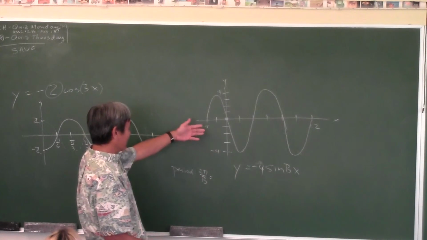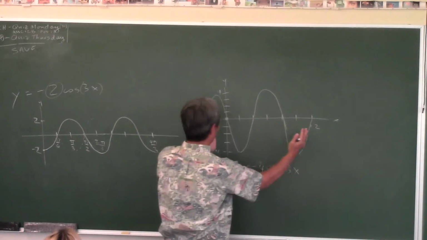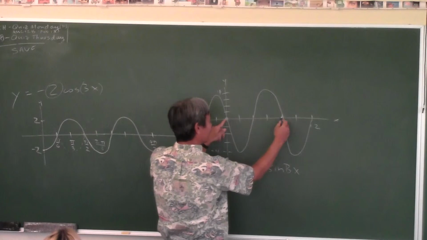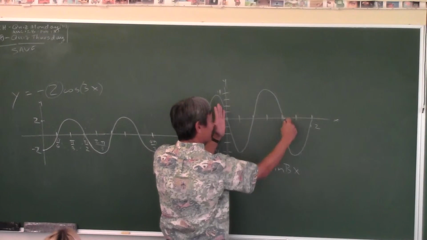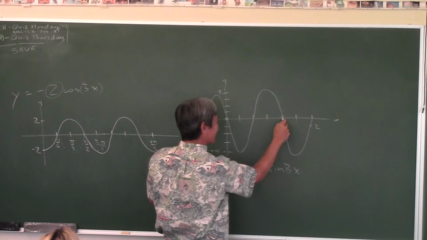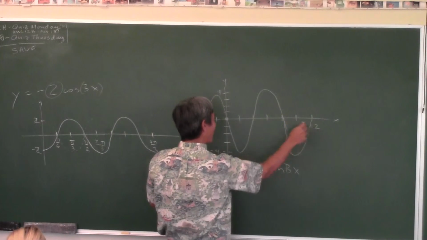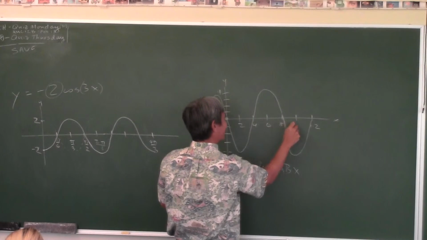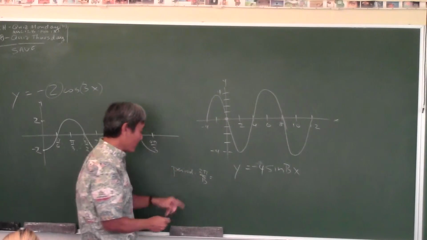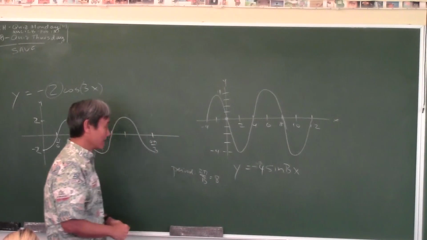And what is the period here? No. 6. Of one period, no, it's not 6 either. It goes from here to here. Isn't that one period right there? And then it starts repeating itself. This is one period. So what is that? That's not 6. Yeah, because this is 12, so this is like 2, 4, 6, 8, 10. The period is 8. So 2 pi over b has to equal 8.